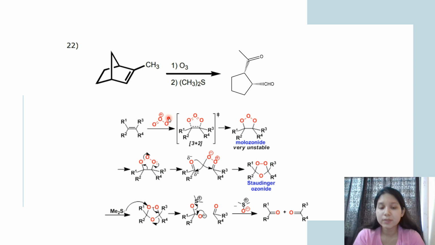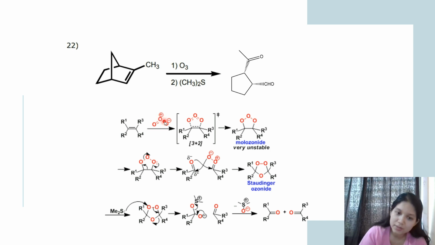Now this ozone will undergo a 3 plus 2 cycloaddition reaction with the carbon-carbon double bond. How will it undergo cycloaddition? First you can consider this O minus attacking the double bond. The double bond will in turn attack this oxygen, and this charged oxygen will get neutralized.